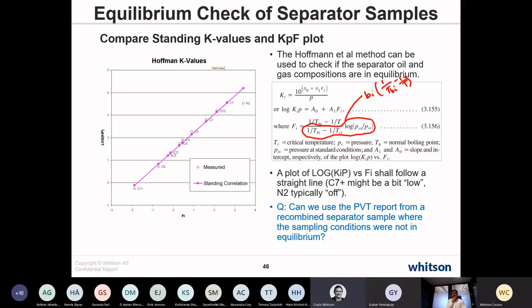Then you can use that physically recombined sample to do your PVT measurements.